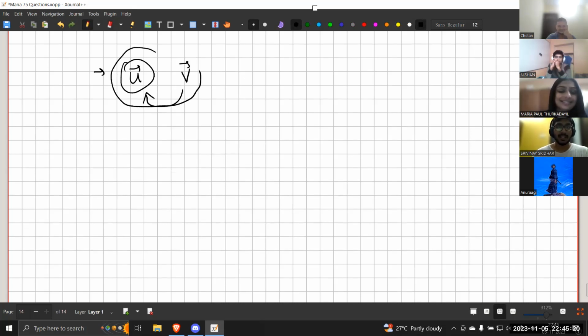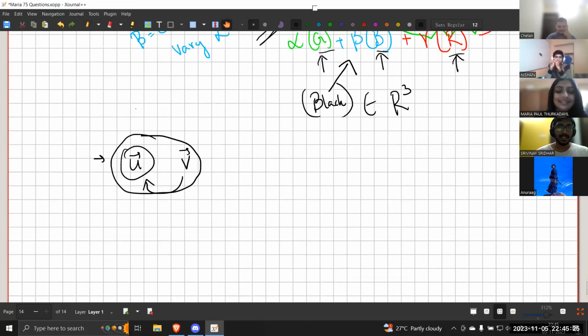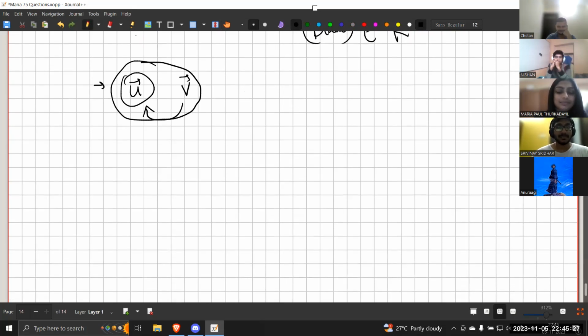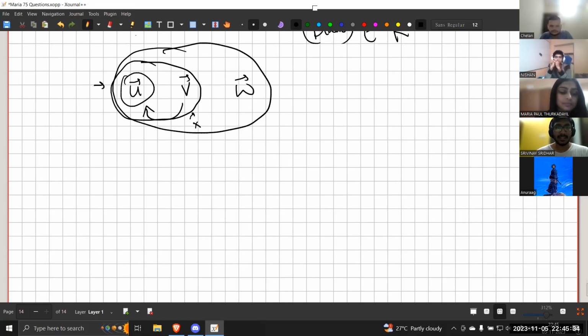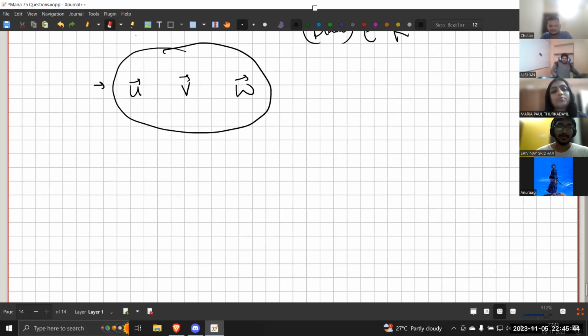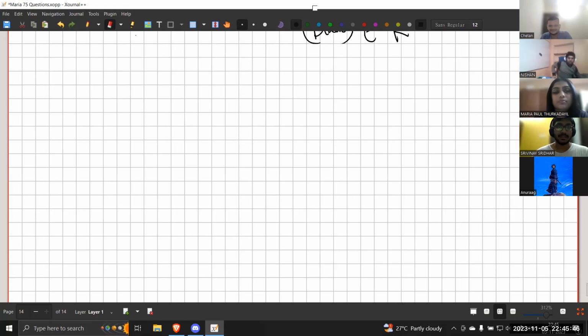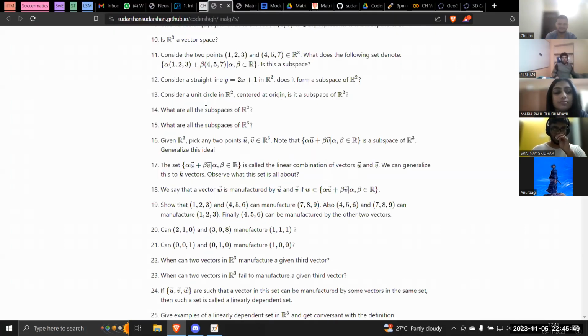But if it creates a new direction, it can become a plane. The bigger idea is that after you take three different directions, all your other vectors, x vector, y vector, z vector, whatever you take, are already inside this space. That's the most important part we have to understand. For now, maybe we'll move on and see what questions we have. Where were we? 17 questions were done, right?